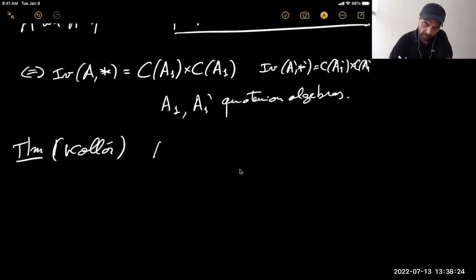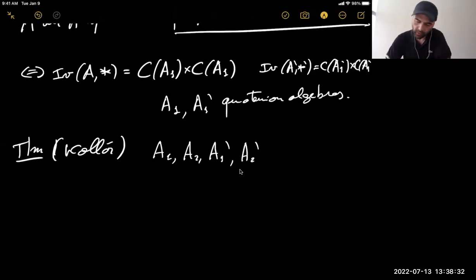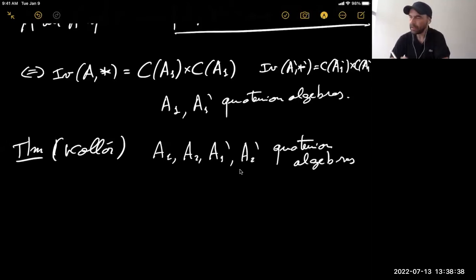So suppose that you have 4 quaternion algebras, then the following are equivalent.